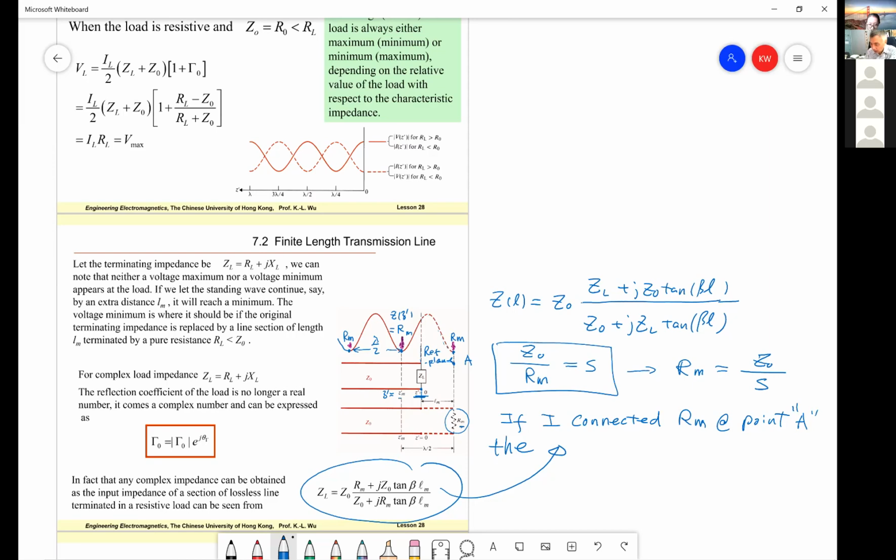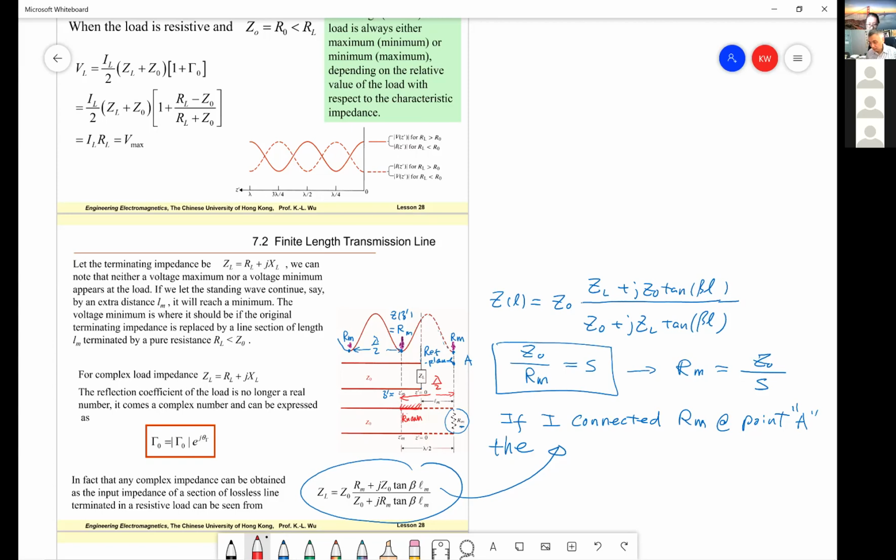I can find this distance, because this distance plus this must be a half wavelength, but this is not known, right?